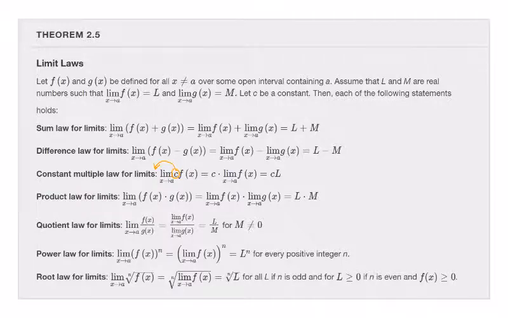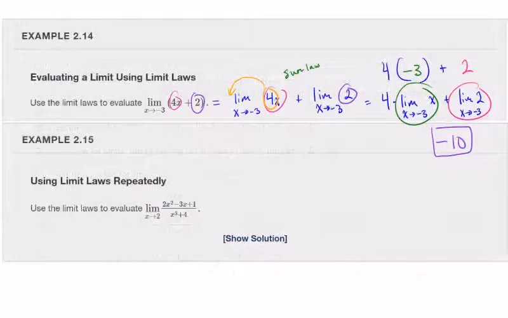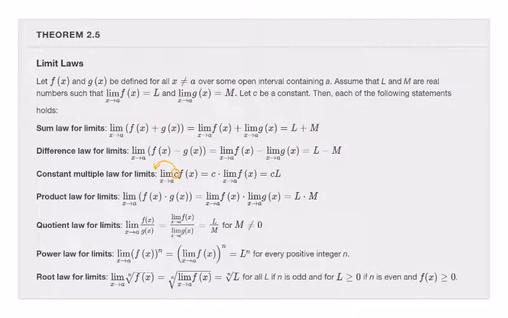You can abbreviate, so we'll just put constant multiple law. These other ones you don't have to show. They're just the basic laws, and we've dealt with those before, so just show the ones that are on this list that you've used.